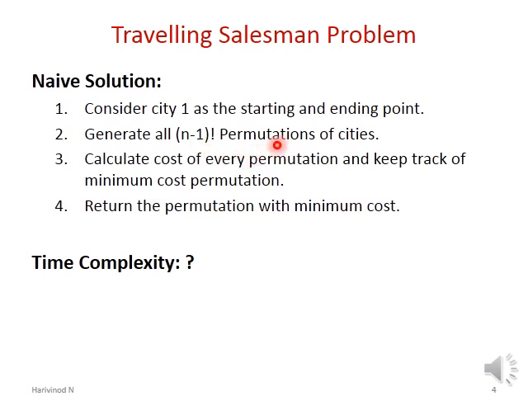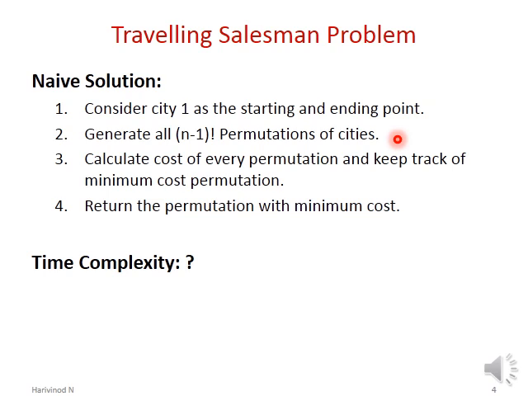All the n-1 cities can be visited in n-1 factorial different paths. So we have n-1 factorial permutations or choices to visit the cities. Among these n-1 factorial choices, we need to select the best one.